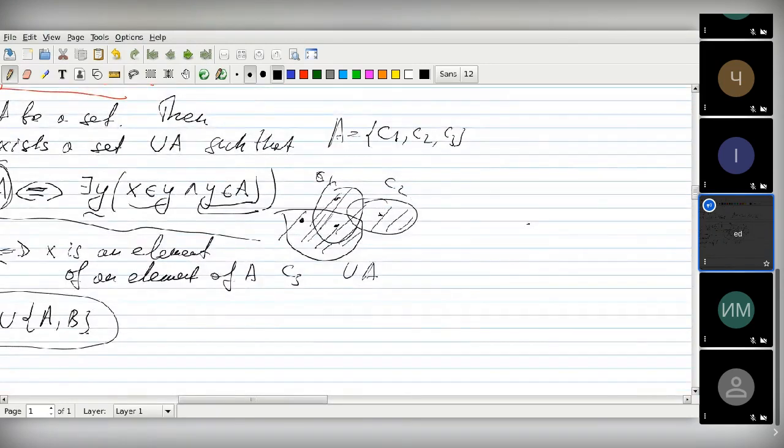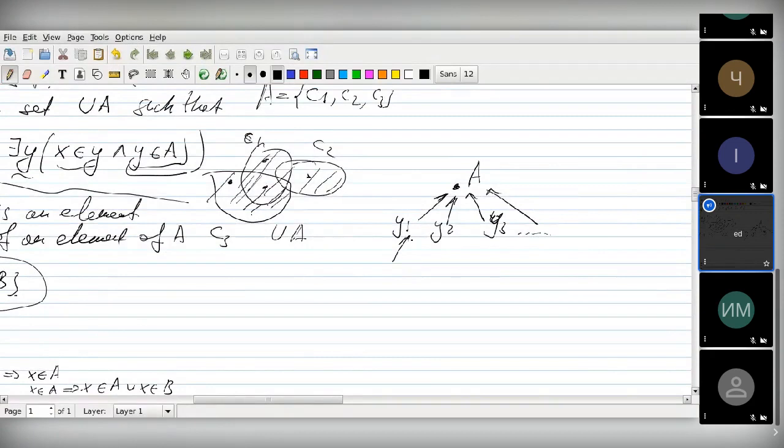If you depict a set as a graph, as a tree, say A has some elements, Y1, Y2, Y3, and probably infinitely many others. These also have some elements, x11, x12, x21, x22, x31, and so on.